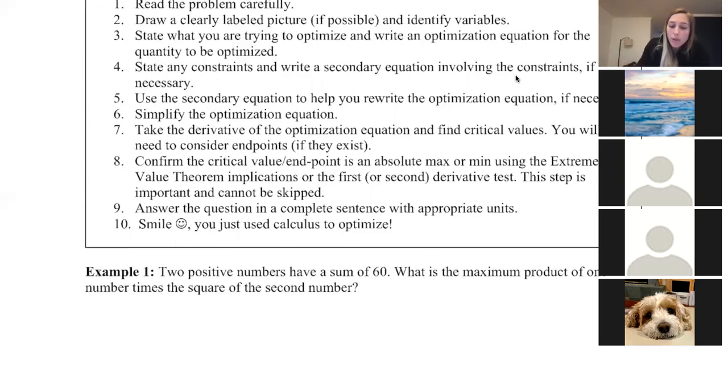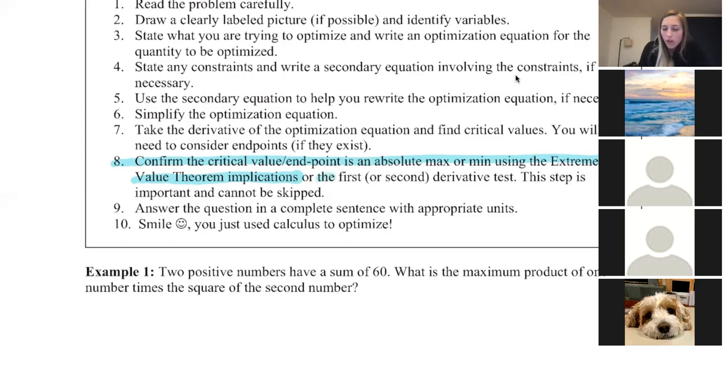The most important step is step 8, where you're going to confirm that the critical value or endpoint is an absolute max or min using the extreme value theorem implication. So that's if you have a closed interval and the function is continuous, you can make the table and determine what the absolute max or absolute min is depending on what you're trying to solve.